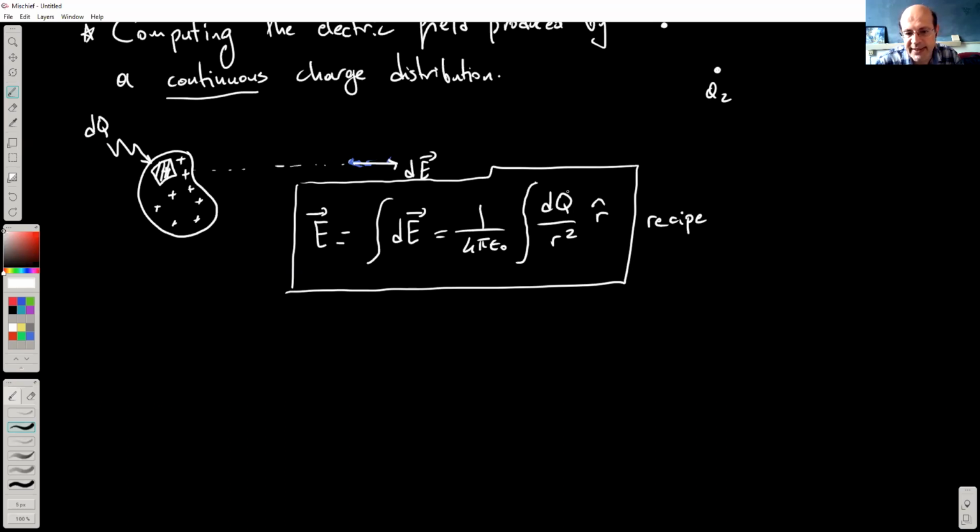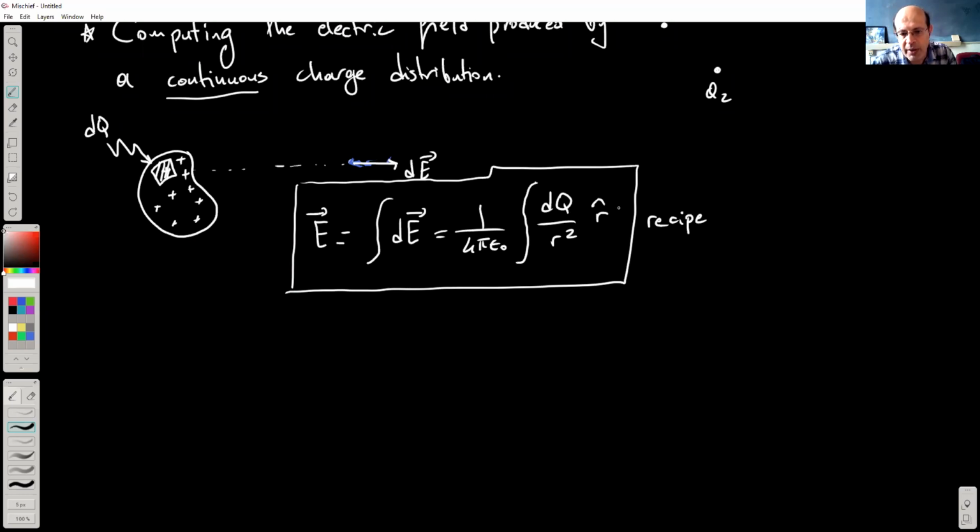The second thing is that this dq in here, the distance r and this r unit vector are in principle all variables. They may change depending on where you choose this dq charge piece. So they are all variables, and you should be able to express them in terms of your integration variable.